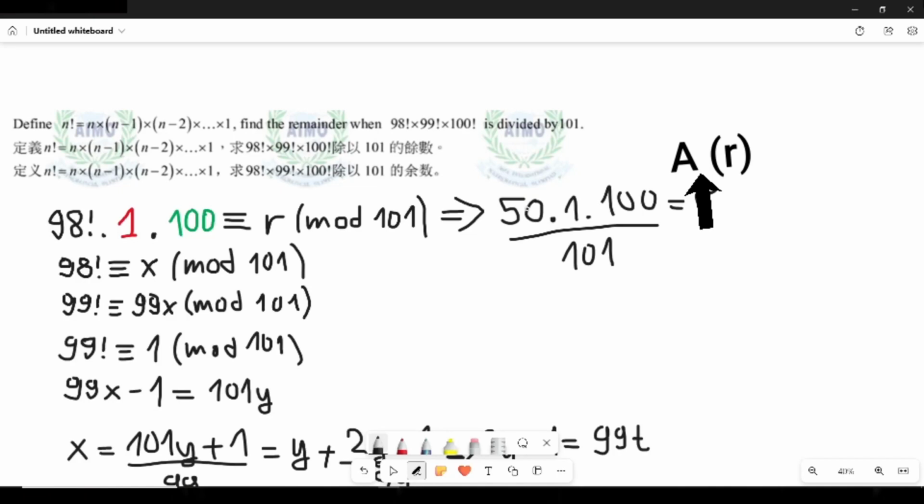And when we apply the 50 times 100, which is 5,000, divided by 101, we get a number. And when we solve this equation here, we get that r is 51, and this is the problem we want to solve.